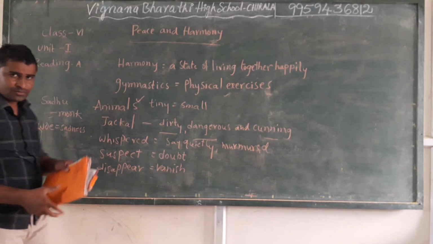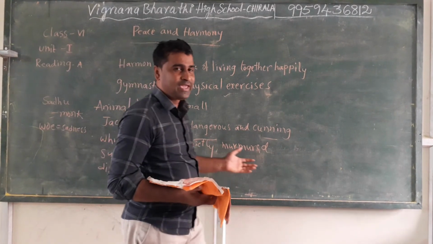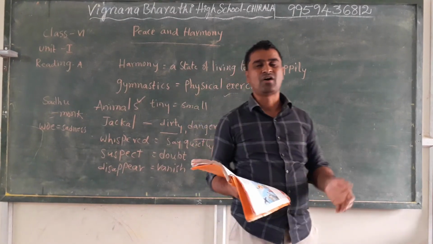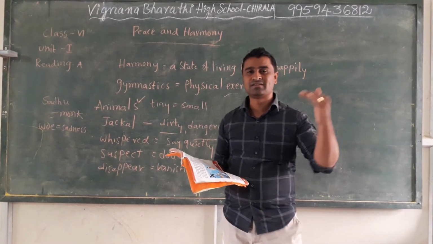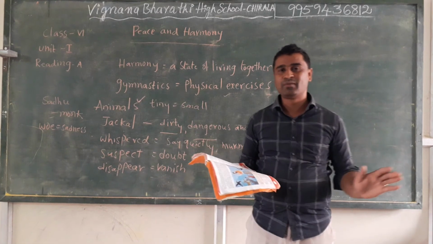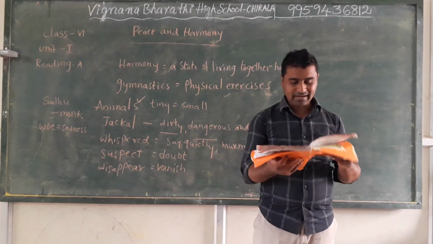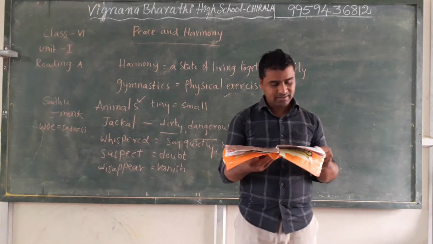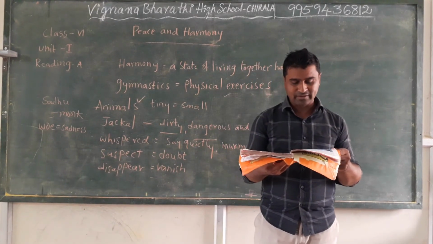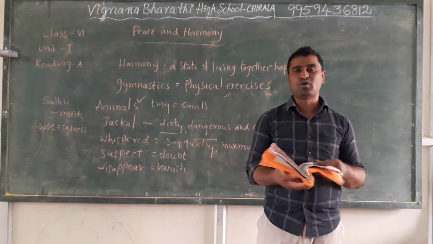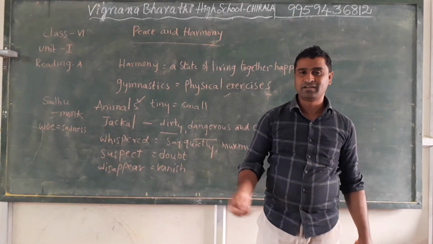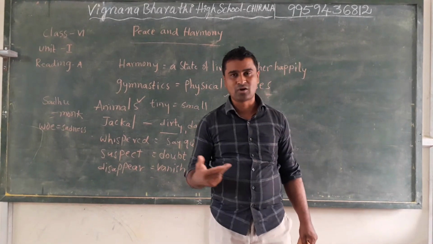Okay. So when the moon came as a sadhu among the animals, all the animals went to the sadhu and told him about their difficulties and their problems. They cried, sobbed and blamed each other for disturbing the peace in the forest, and the sadhu listened to them. Sobbed means also cried.